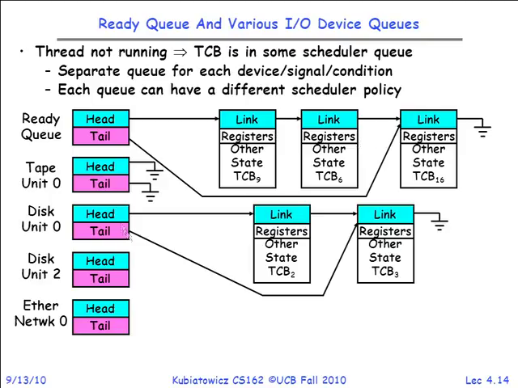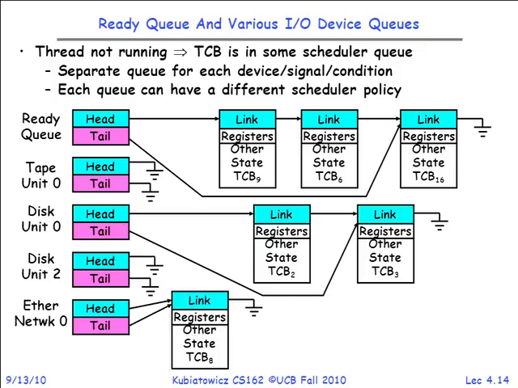It might be 2 disks. The second one doesn't have anybody using it. And there might be links for waiting on the network. And basically what this means is the ones that aren't on the ready queue are sitting here waiting for some signal to come in, wake them up, and put them back on this other queue. So you could say that a lot of what happens inside the operating system is queue management. We're going to manage the TCBs. Questions?